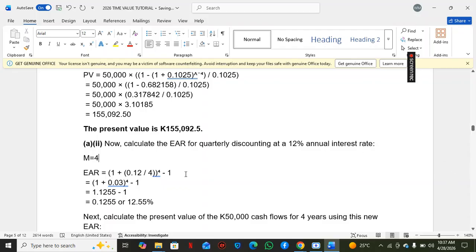In the effective annual interest rate formula, 1 plus the rate 0.12 divided by the number of compoundings 4, raised to the power 4, minus 1. 0.12 divided by 4 is 0.03. 1.03 to the power 4, you get this value. Subtract 1, you're going to get 12.55%.